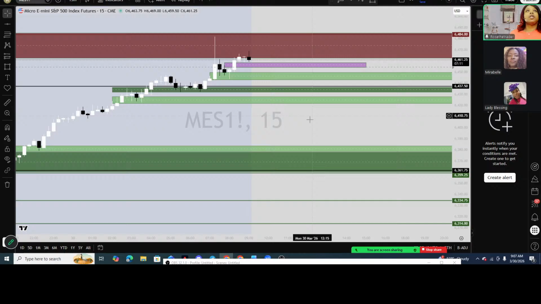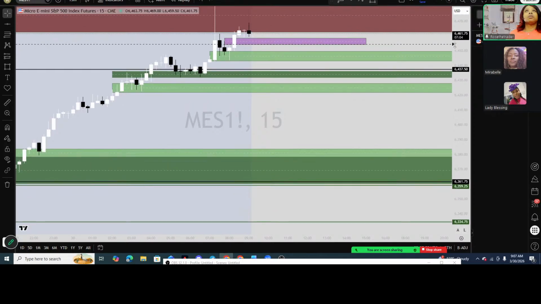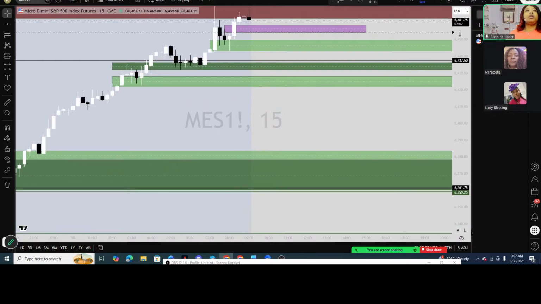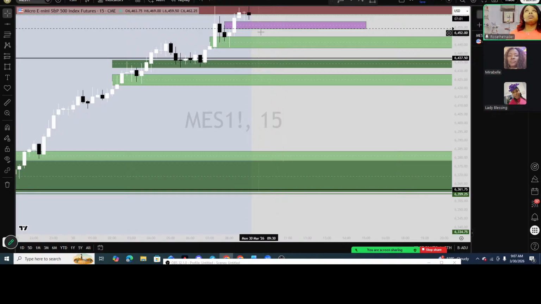Okay, here, I'll set an alert there. If it breaks this zone down here, it's a sell. It's going to be a short sell, from 455 to 450. That's not good. Or maybe you take it down to 445.